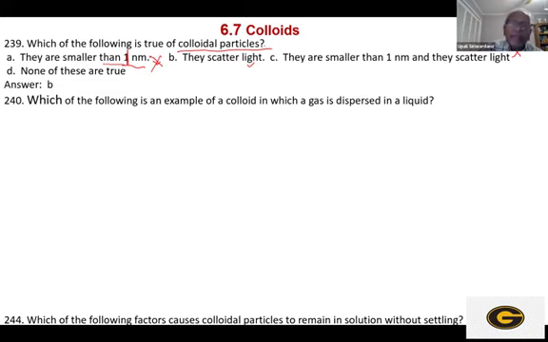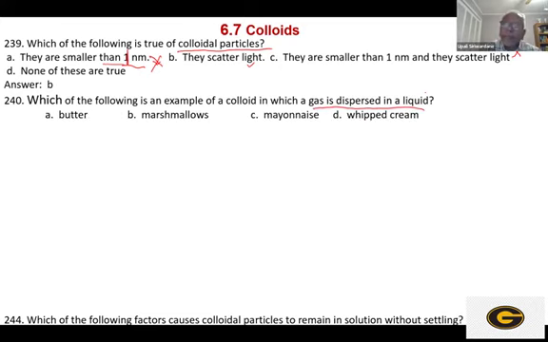Which of the following is an example of a colloid in which gas is dispersed in a liquid? Whipped cream.